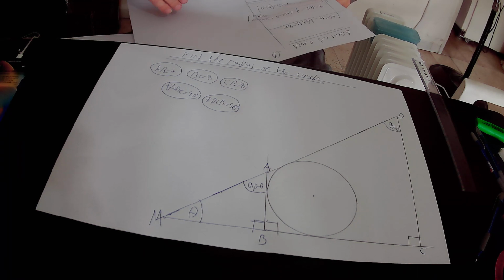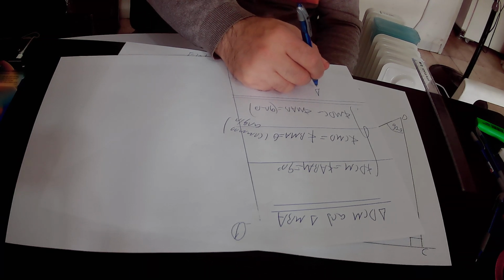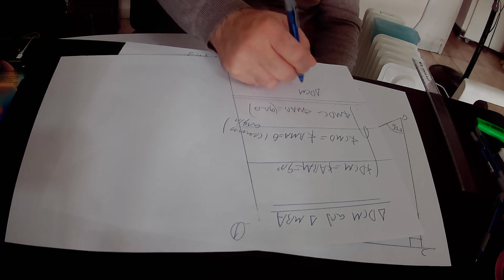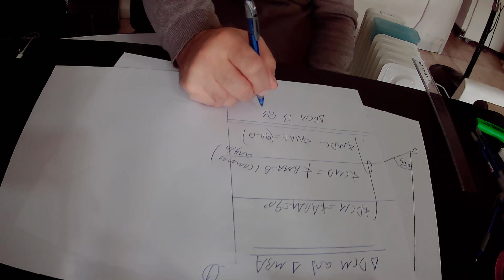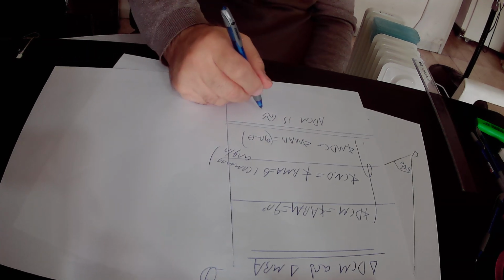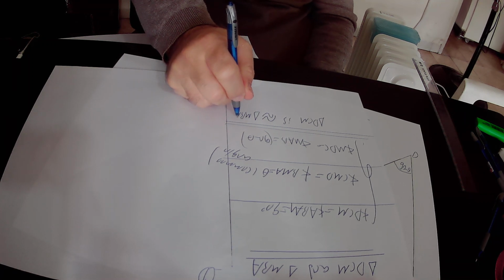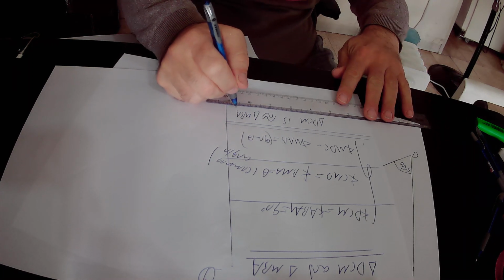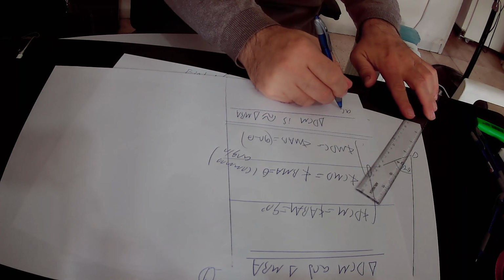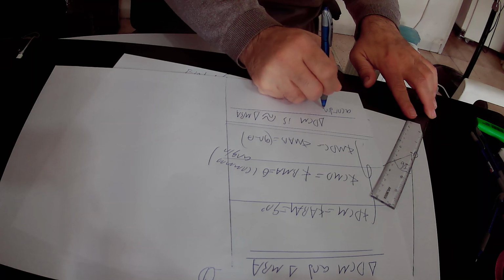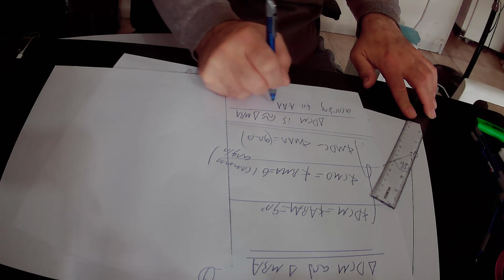The big right triangle DCM is similar to, this is the sign of similar, the small right triangle MBA, according to the angle similarity rule.